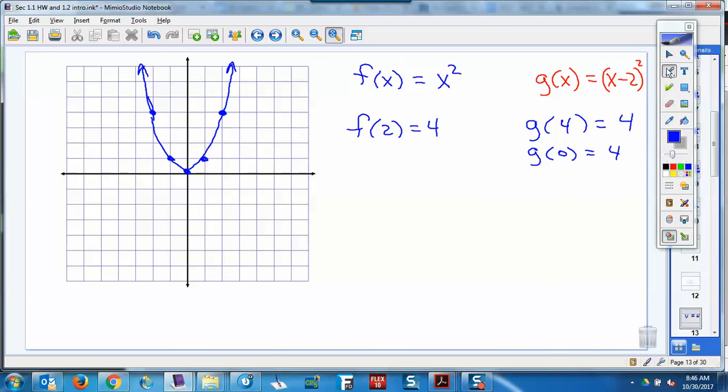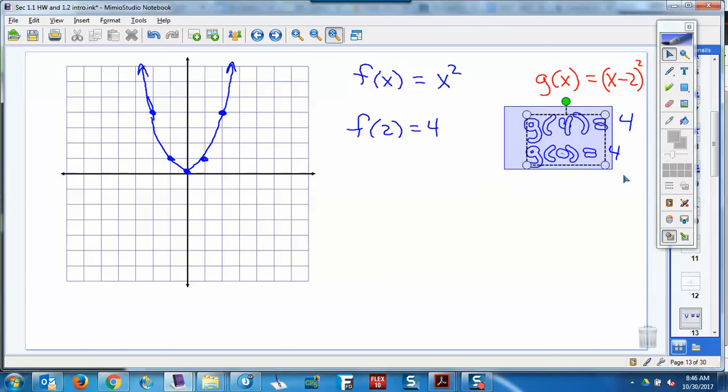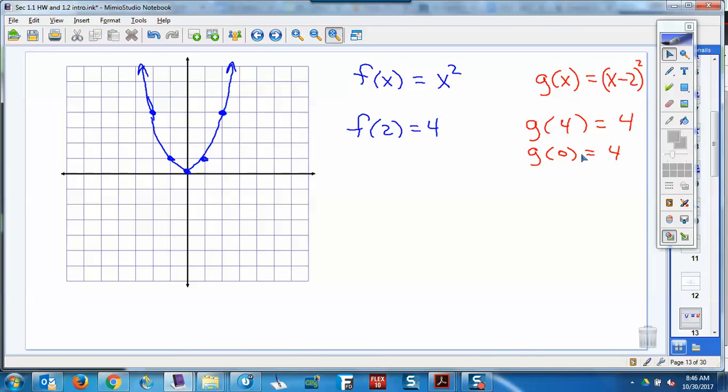I should have done those in red. All right. So g of 4 is 4. So that means I'm going to have a point here. That means that g graph's going to have a point here and here.